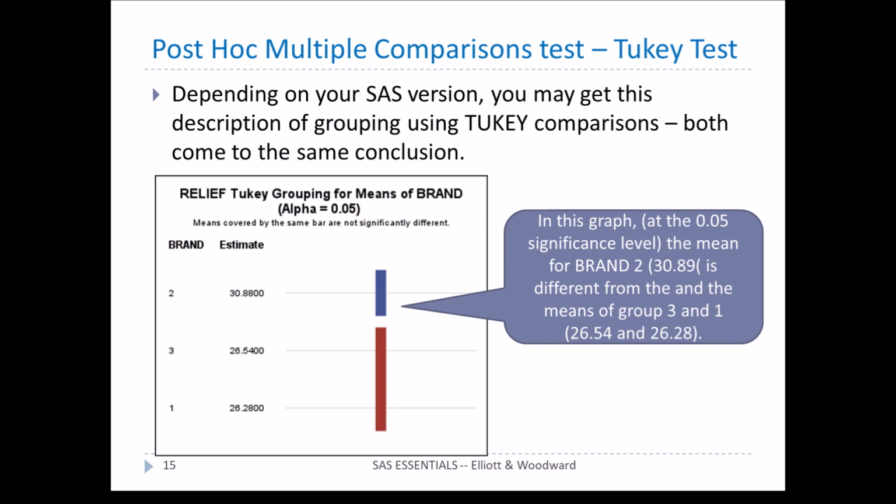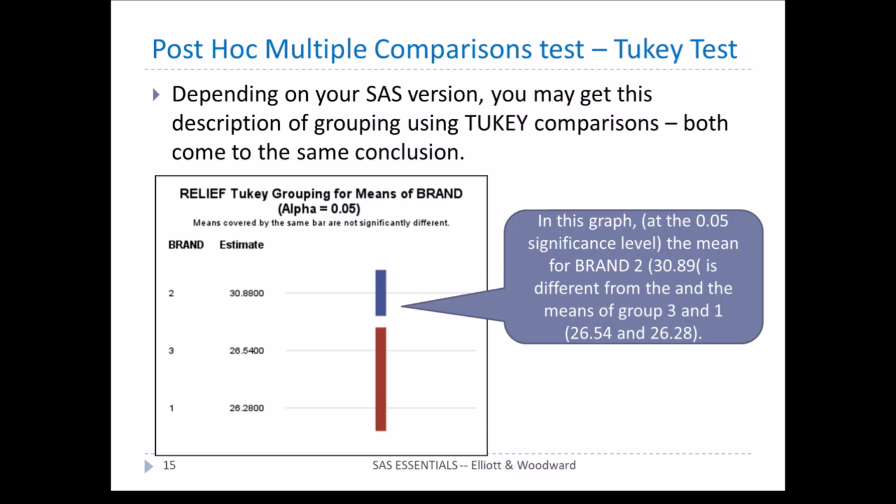So we're going to look at a variety of ways that SAS allows us to look at that information. The first one here is a Tukey grouping for the means of brand. On the left we see the brands 2, 3, and 1, ranked in order, highest to lowest, and then we have the means as the estimate. And then we have these bars. What the bars do is they try to group the brands according to which ones are different.